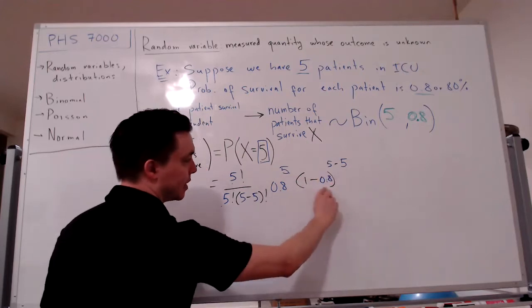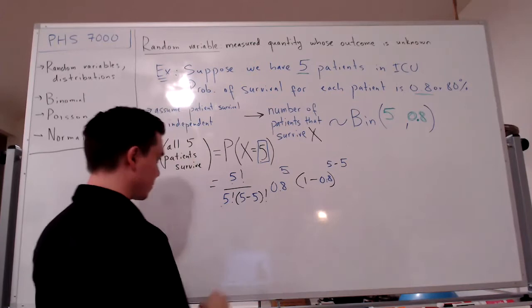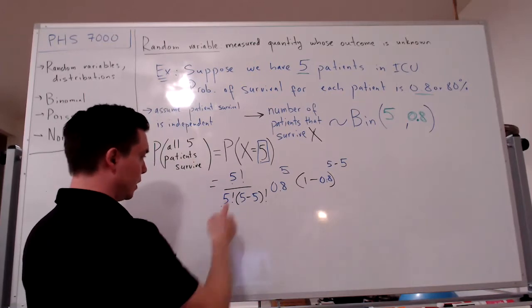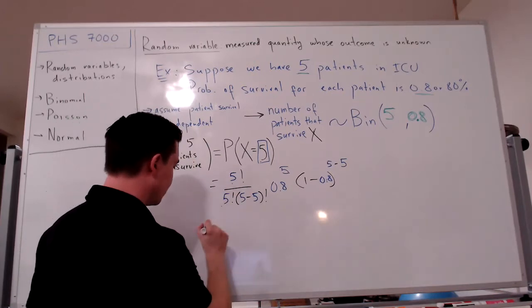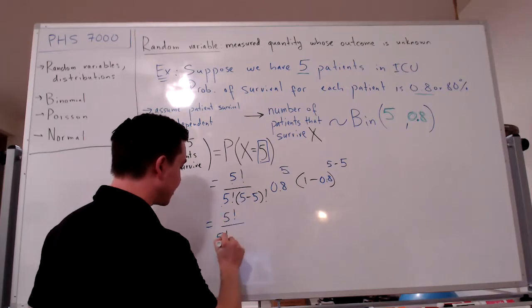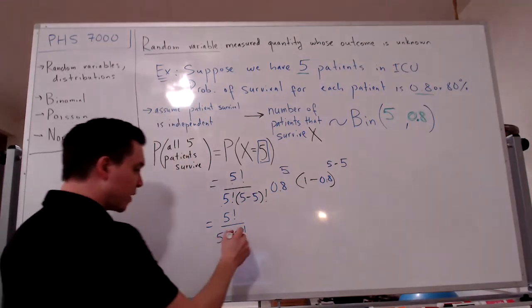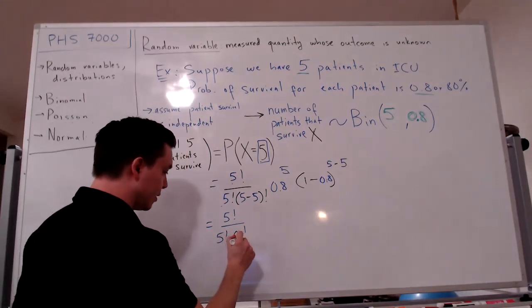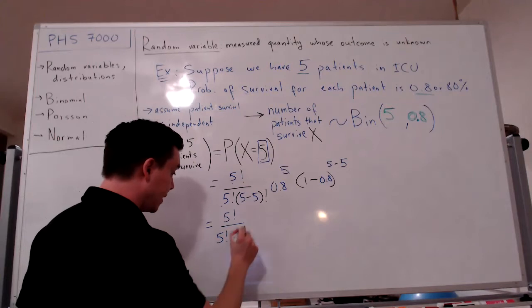Notice here's the probability of dying. It's 0.2. Okay, so let's break it out. This multiplier, 5 factorial over 5 factorial. This is 0 factorial. Remember the special trick? 0 factorial is actually 1.